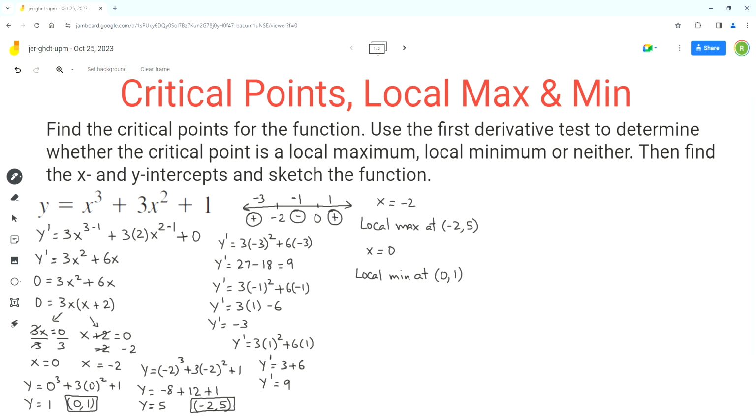Now we can answer the third part. So we have to find the x and y-intercepts and then sketch the function. So we can use a different color for it. So let's start with the x-intercept. For the x-intercept, we sub in y as 0 in the given equation and then solve.